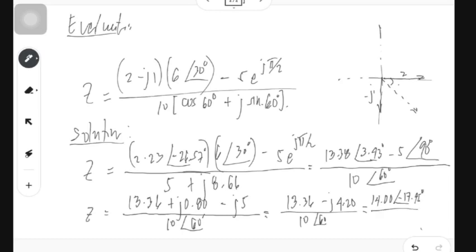Now, this time, we can easily divide. Divide the magnitude. So, 14 divided by 10, it is simply 1.4. Then, subtract the angle. Negative 17.45 minus 60 is negative 77.45, right? Negative 77.45.